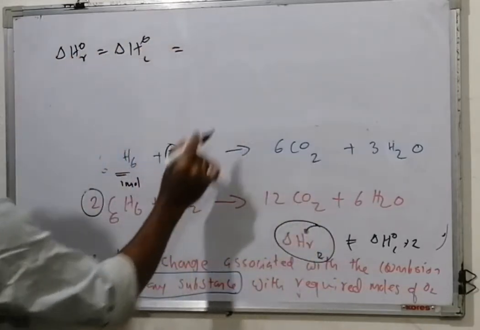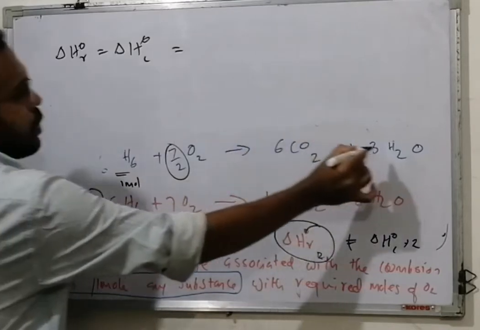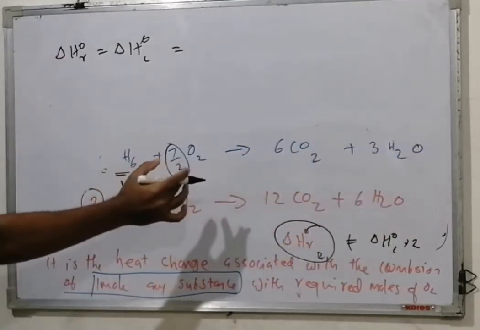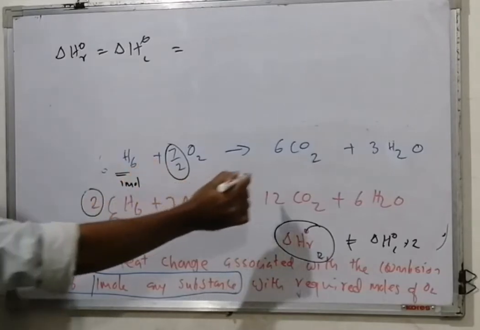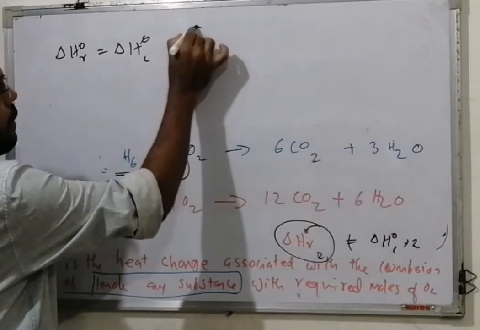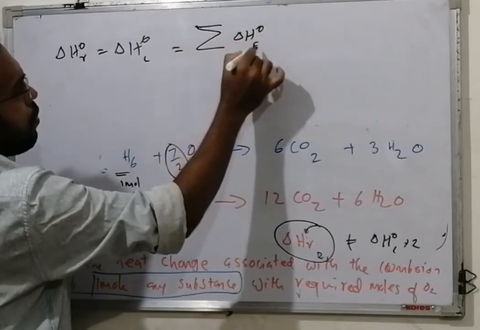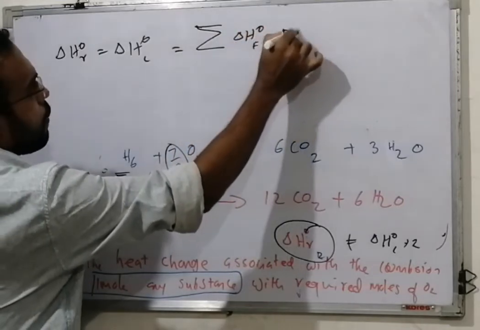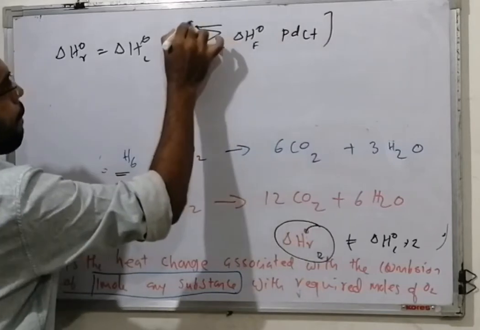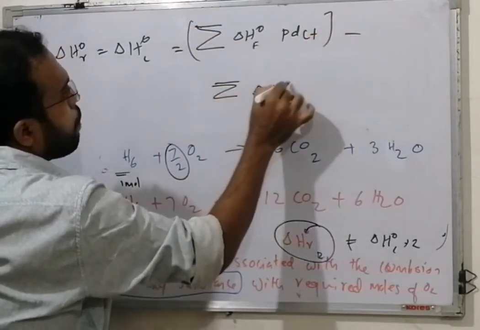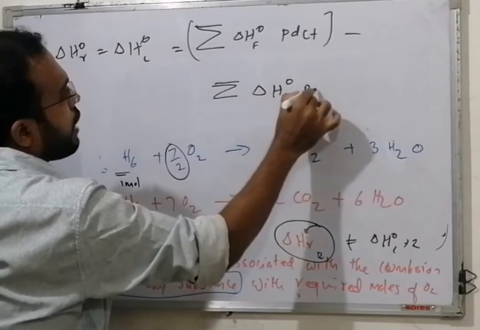There is a relation between enthalpy of combustion and enthalpy of reaction with enthalpy of formation: sum of enthalpy of formation of products minus sum of enthalpy of formation of reactants.